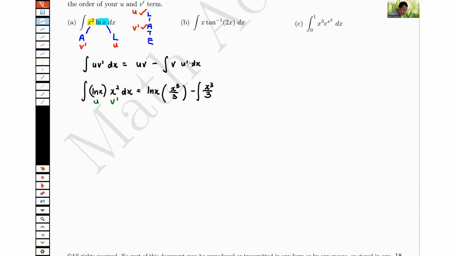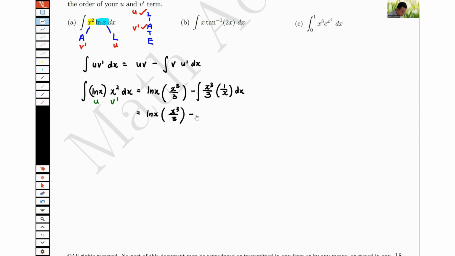The other term is now U prime. So ln x is your U. What is U prime? U prime is 1 over x. U prime means differentiate U. So from ln x, we differentiate, I get 1 over x. Okay, so that is one layer of application of the formula. Then we try to simplify. Simplify this integration here.